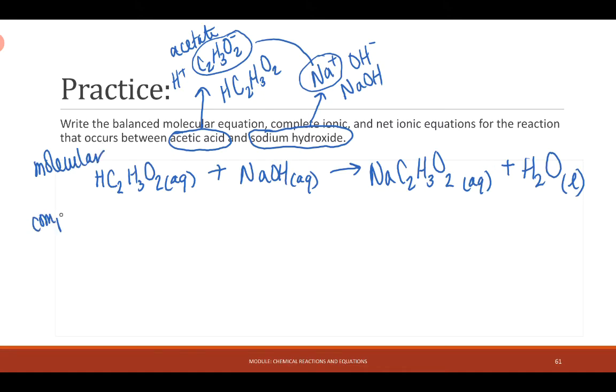Next, I'll do the complete ionic equation. So now I have to go through and I have to identify which are strong electrolytes that are aqueous. This one is aqueous, but it's not a strong electrolyte. That is a weak acid. And so weak acids are not strong electrolytes. They are weak electrolytes. Then I have sodium hydroxide.